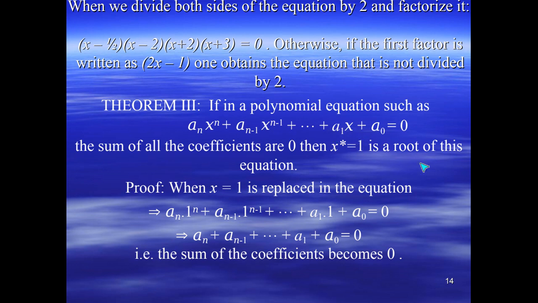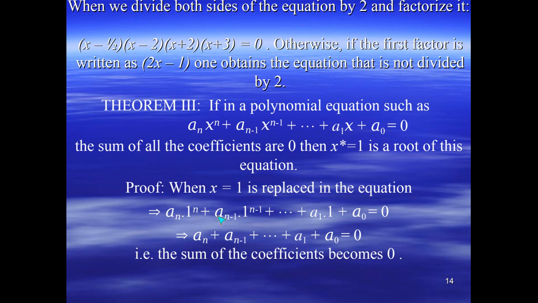Of course, the proof is simple. When x is 1, replace x with 1 in this equation. x to the power n is 1 to the power n, 1. x to the power n minus 1 is 1 to the power n minus 1, which is 1 again. All these powers of x are 1, and x is 1, and a_0 is a_0. So what do we obtain?